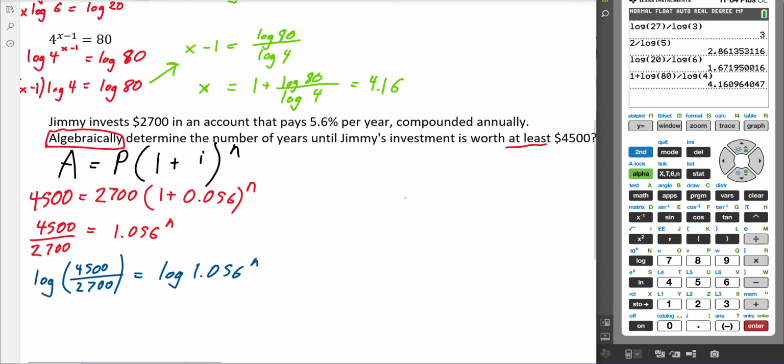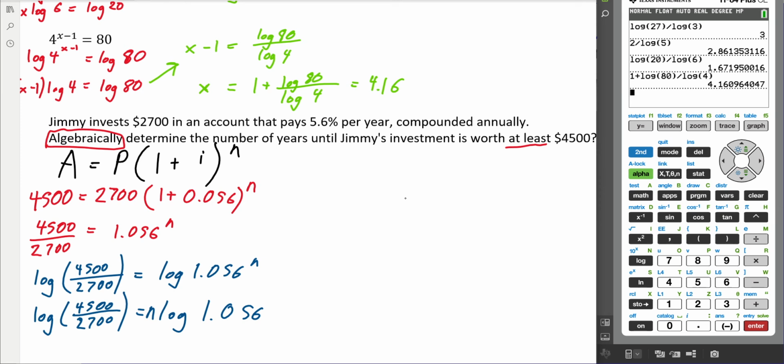And now what we're going to do is take the n out front. So everything is the same except we're using our power law in order to move the n. So the n comes out front, so we just have 1.056 in here.